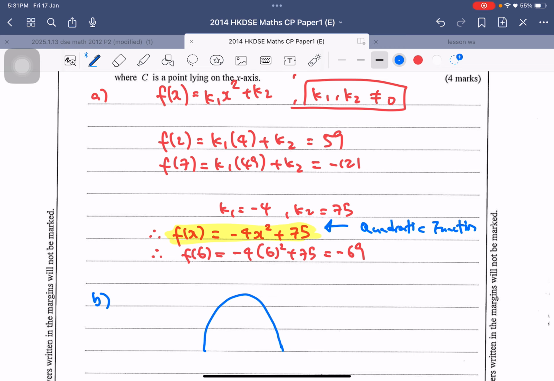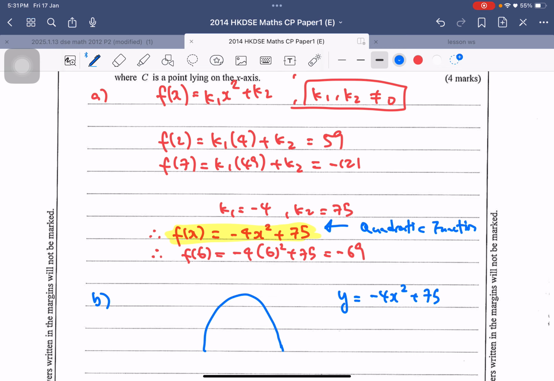So what's going to be your y-intercept? 75. And what's the vertex? This is a little bit hard to understand. So y is equal to negative 4x squared plus 75. How do we change this into the vertex form?